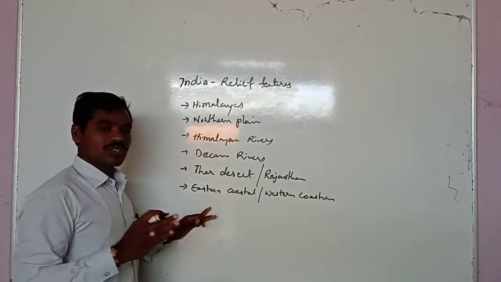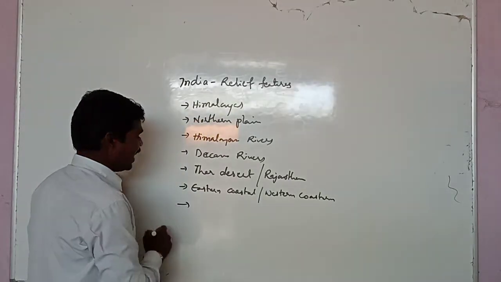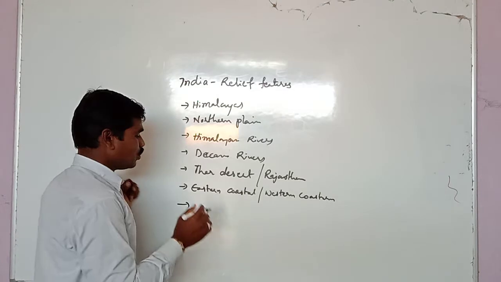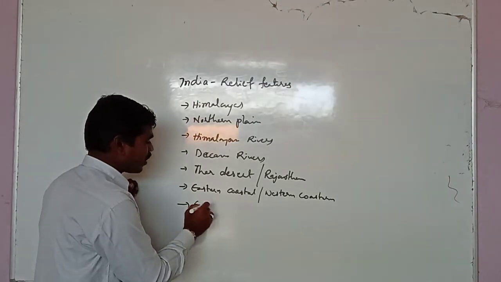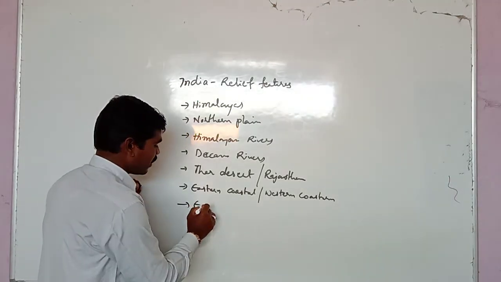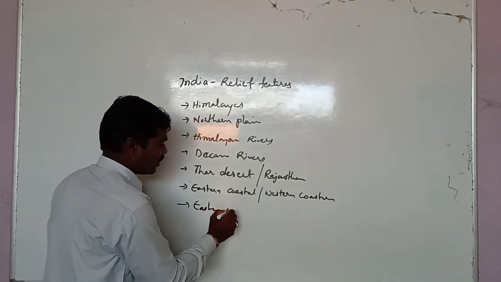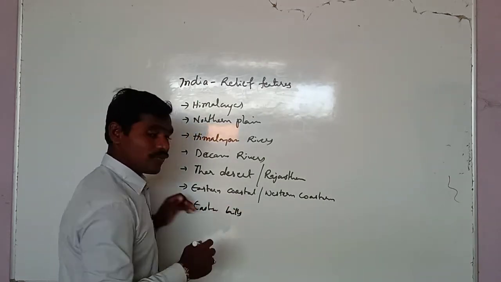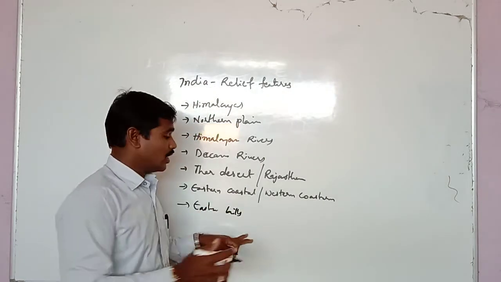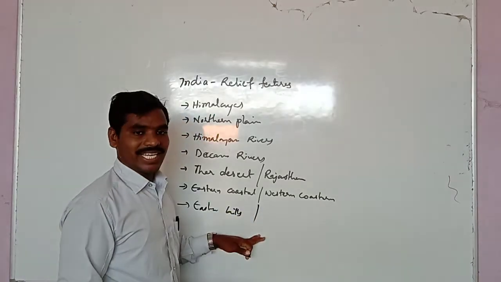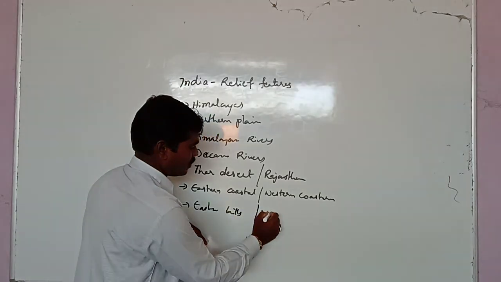Beside these coastal plains, there are ranges of hills. The hills located in the eastern part are the Eastern Hills, also called Eastern Ghats. In the same manner, Western Hills or Western Ghats.